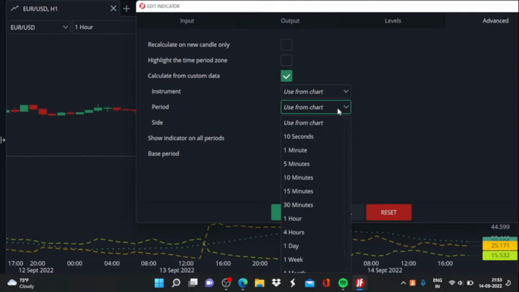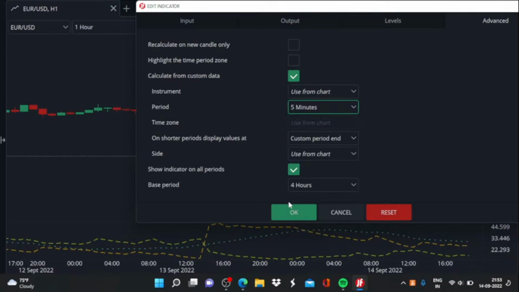You can use the candle period to be the same as the chart, or you can customize the calculation period as per your choice. And in that case, whatever is the candle period of the chart, it won't be utilized in calculation of the indicator. Rather, whatever is your choice, only that candle period will be used for the calculation of this indicator.